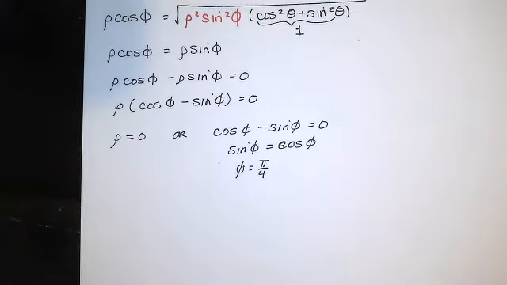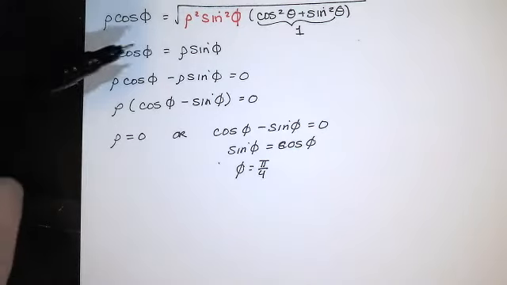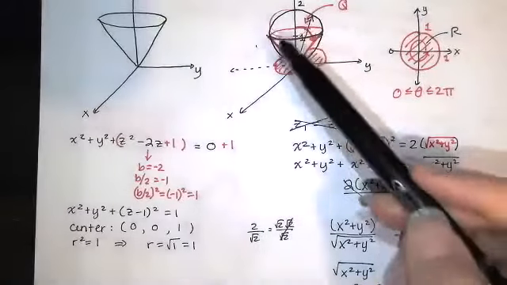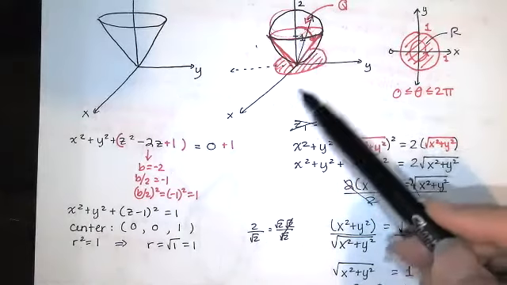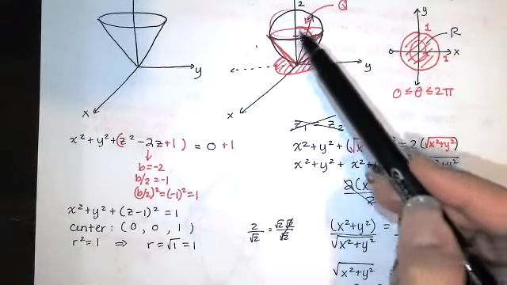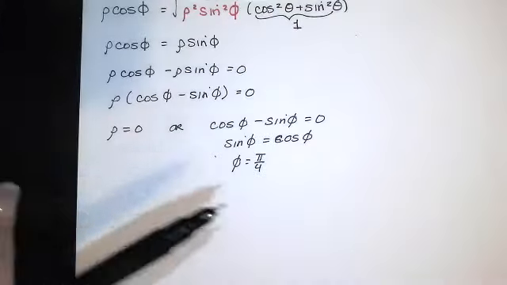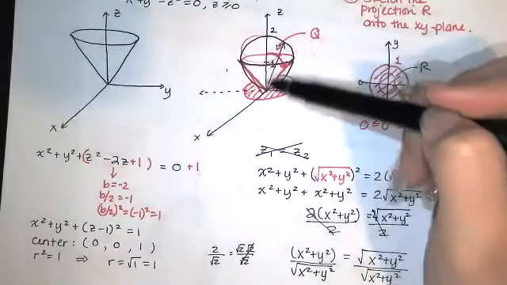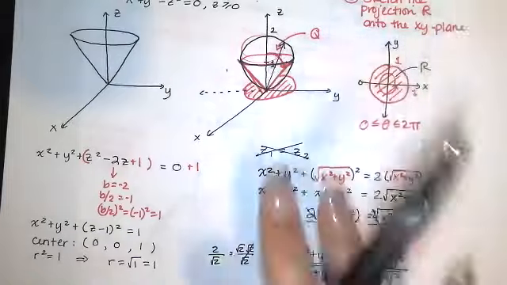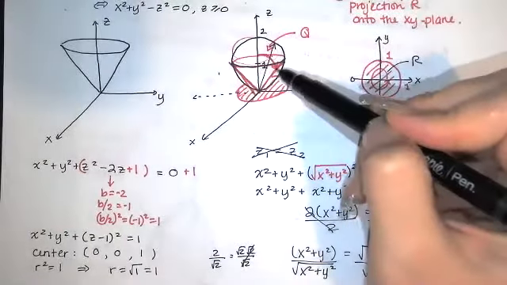It's pi over 4. And you can also see from the picture that we're not going more than pi units away. We're just going pi over 4 units. It's 45 degrees. It's nice. So we start at 0, because phi equals 0 is the positive z-axis, and then we go over here to phi equals pi over 4.